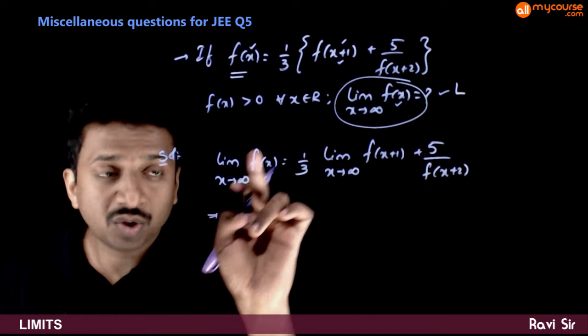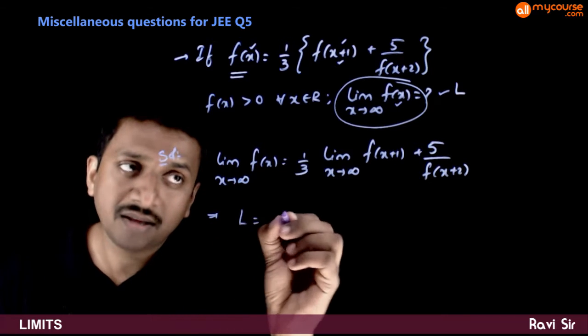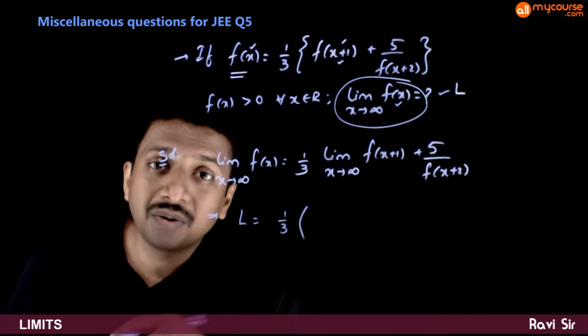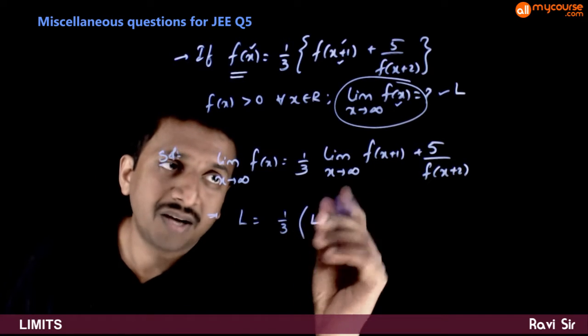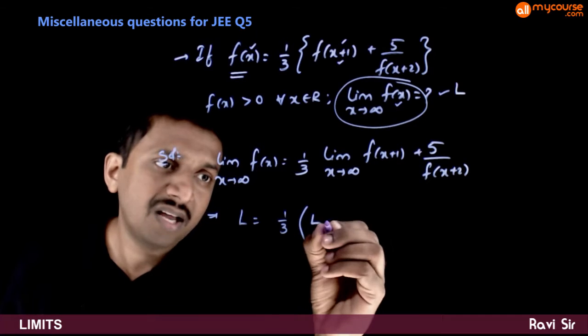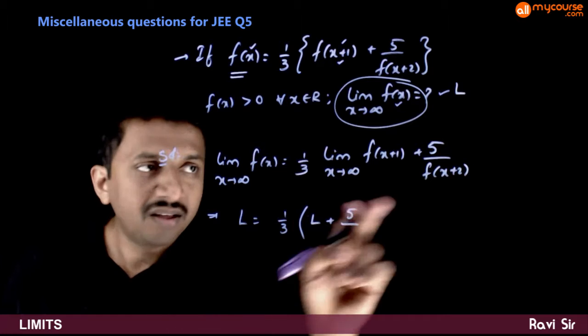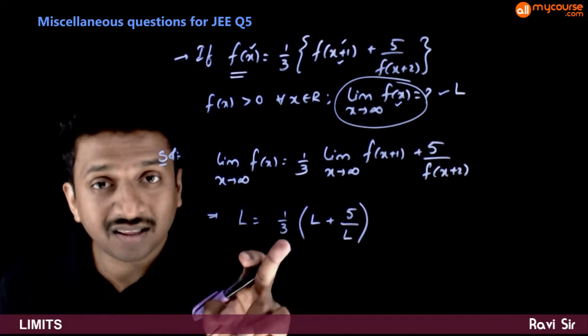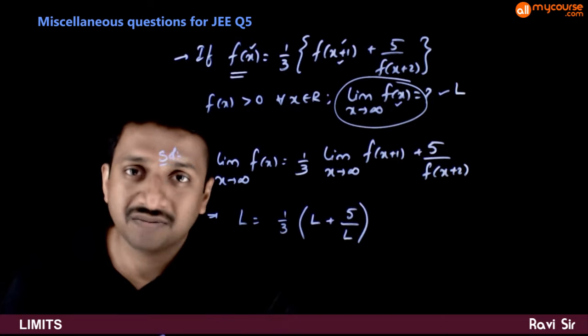So as x tends to infinity, if f(x) goes to L, the limit of f(x+1) also goes to L, right? Because as x tends to infinity, x+1 also tends to infinity, and 5 by f(x+2) also goes to L. This is the equation which L has to satisfy.